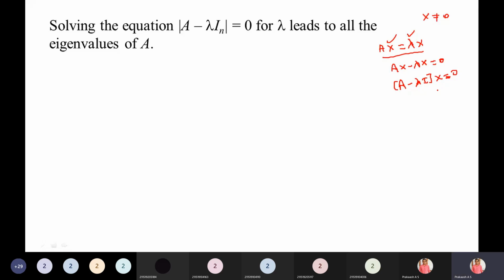The product of two quantities is 0 means one of them is 0. X is not 0, so definitely this matrix must be singular, so the determinant must be 0.